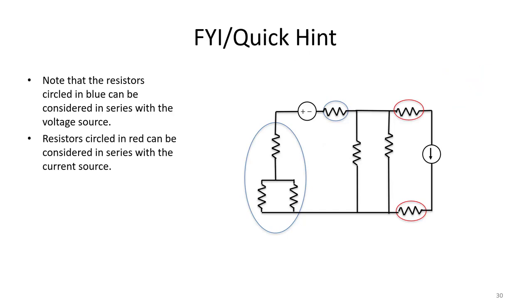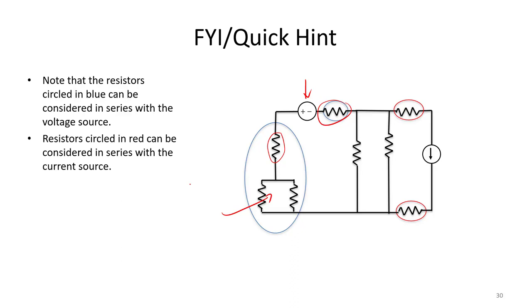Let's also bring up a quick hint that might be useful on future homework assignments. So, an important thing to remember about series resistors is that they all must experience the same current. So notice these two parallel resistors together, and then this resistor here, all three of these sets of resistors can be considered in series with my source.